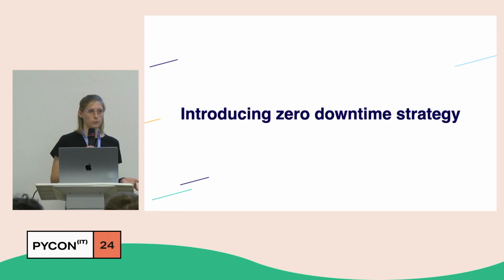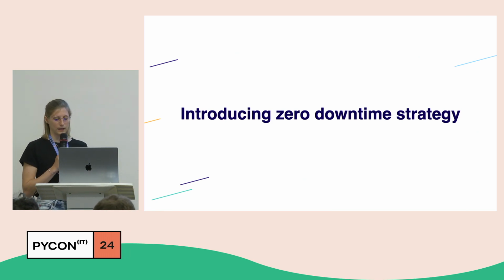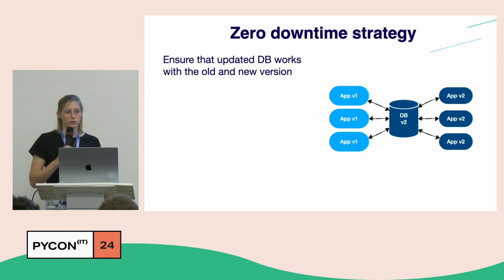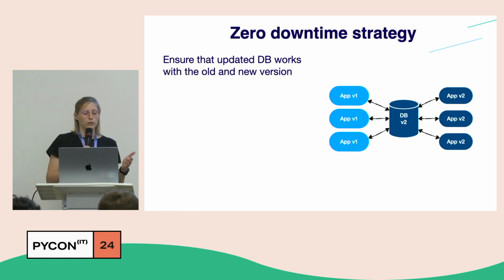Okay, now, as we know all the problems, I'll overview the solutions. The biggest difficulty in changing the version is updating the database, because it's a shared resource and we cannot just clone it and replace it. To ensure zero downtime, we need to ensure that the updated database will work with the old and the new version of the system.